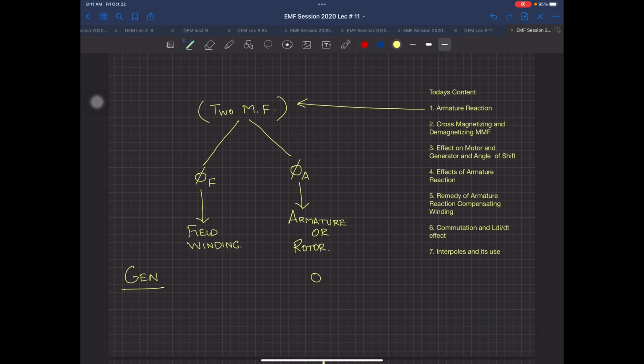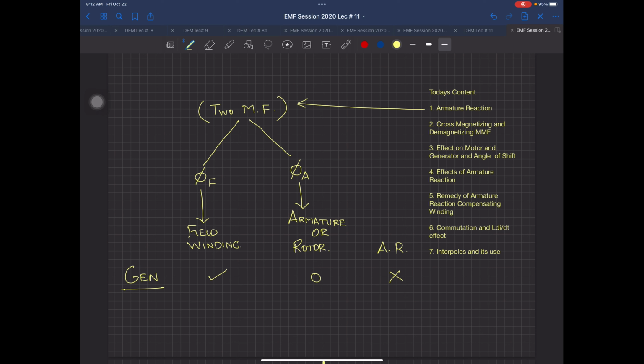So technically when generator mode is working, only phi F would be there, but phi A is not going to be there. So what is the end result of this? That armature reaction will not take place over there. Why? Because as I told you, armature reaction is the reaction between two magnetic fields which gives rise to a resultant magnetic field which hinders the actual rotation or the EMF of that motor or generator.